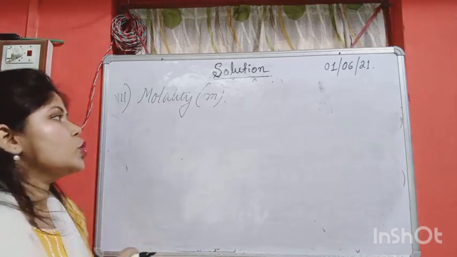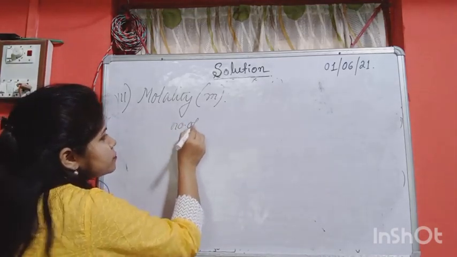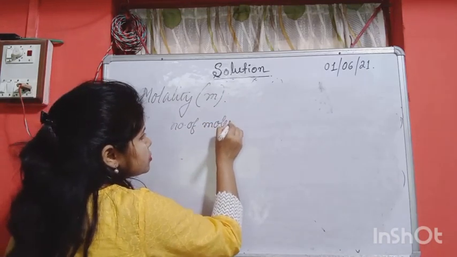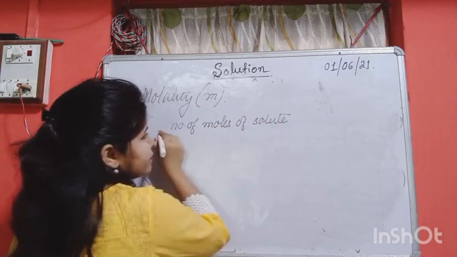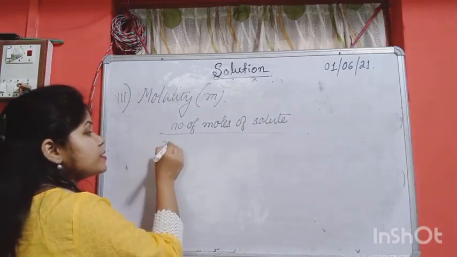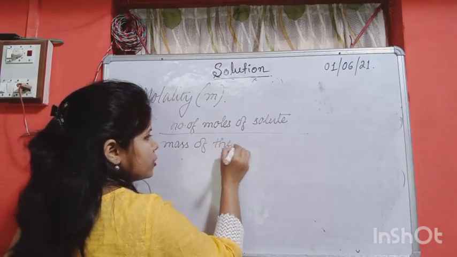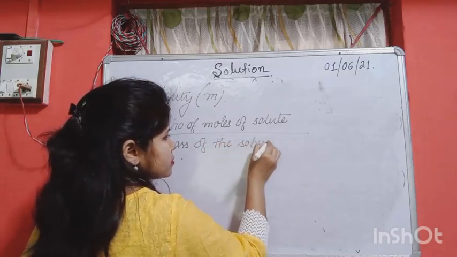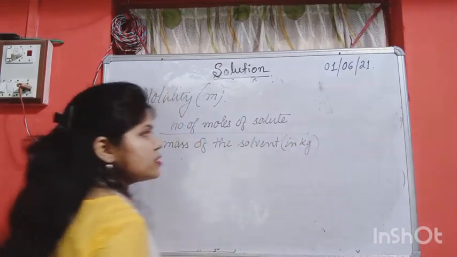So the formula for molality is the number of moles of solute divided by the mass of the solvent in kg. It should always be in kg.